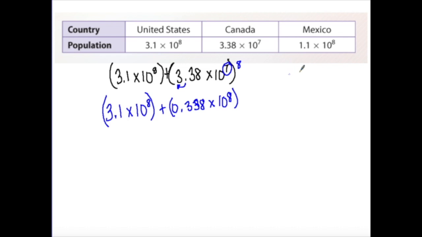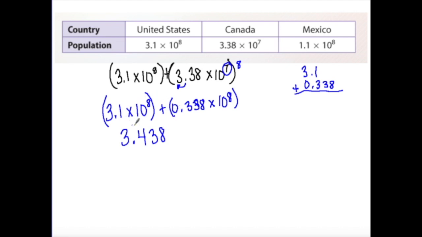So let me put it over here so that we can see what's happening. 3.1 plus 0.338 gives me 3.438.